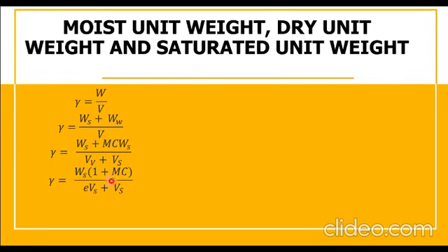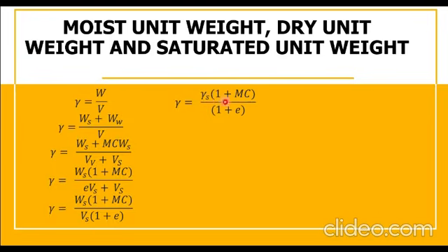E VS plus VS. Why is this that it's equal to E VS? Because from the formula of the void ratio, it's equal to VV over VS. And therefore, VV is equal to E VS. That's why this will be equal to WS times 1 plus MC over VS times 1 plus E. This WS over VS is the unit weight of the soil solids.